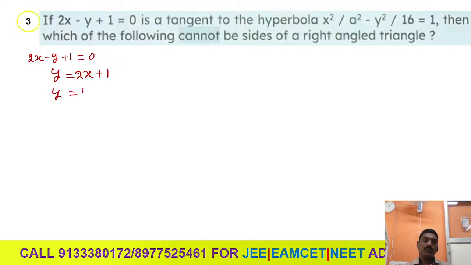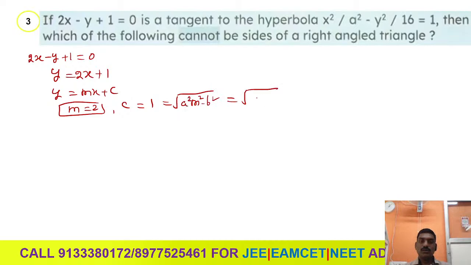If we compare with y equal to mx plus c, the value of m is 2 and c is equal to 1, that equals under root of a square m square minus b square, that equals under root of 4a square minus b square.